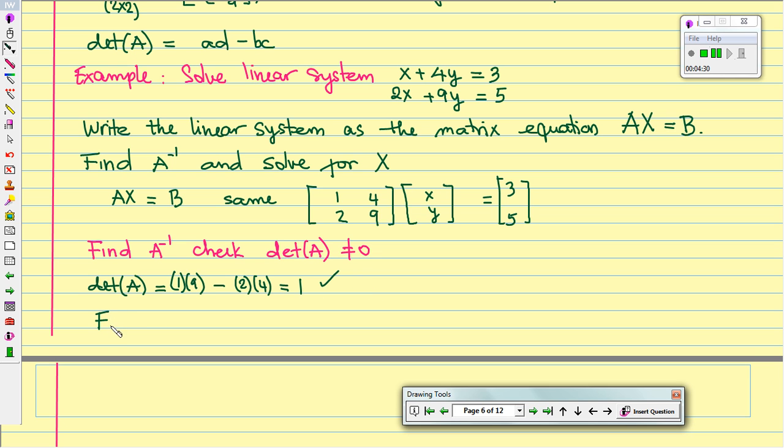Now to find the inverse, we are going to start by writing the augmented matrix. We put matrix A on one side, and then on the opposite side we put the identity.